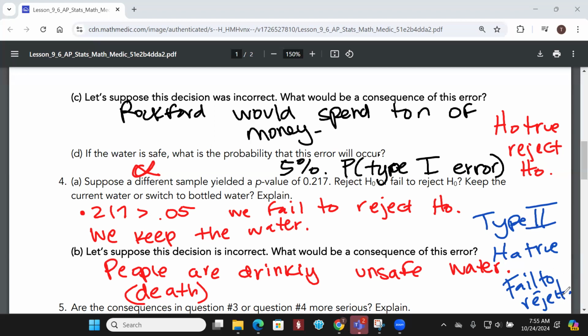People die or we just spend a ton of money? Oh, so number 4 would be worse. Normally the health of all people is more important than money. So for number 5, the consequences of number 4 are more serious because we put life as more important than money.